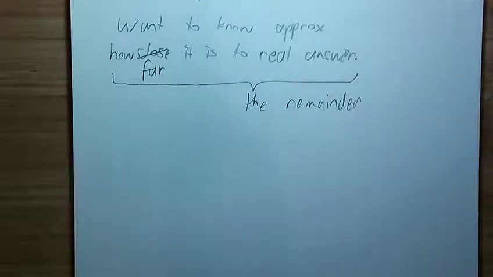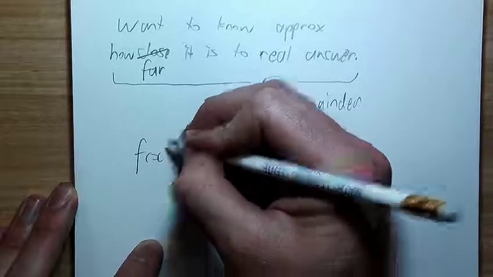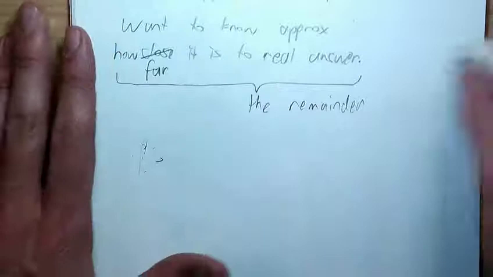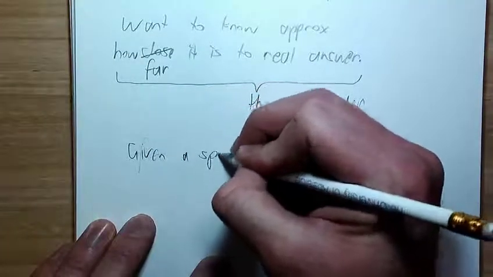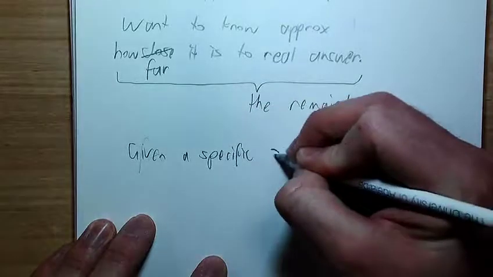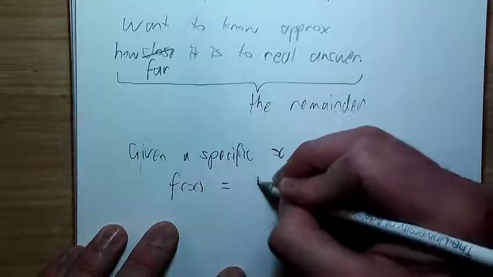So there's a little bit of philosophy here that is a little bit hidden that makes this a little more confusing than it needs to be. So the idea is that given a specific x, f(x) is the function value.